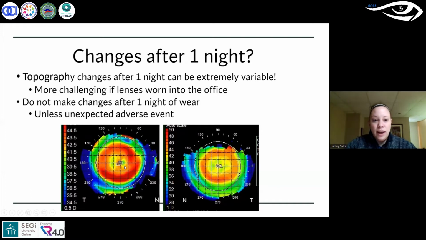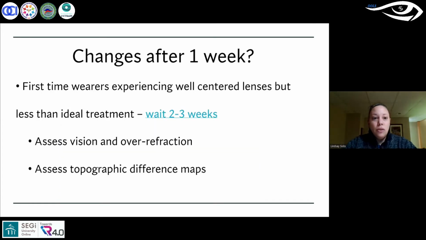So again, you can get an incomplete central treatment zone, or something that's oblong or oval. Those aren't problematic. We just keep going, and eventually, hopefully, they turn into better looking treatment. So first-time wearers experience lenses that are well-centered, but they're not getting ideal treatment.